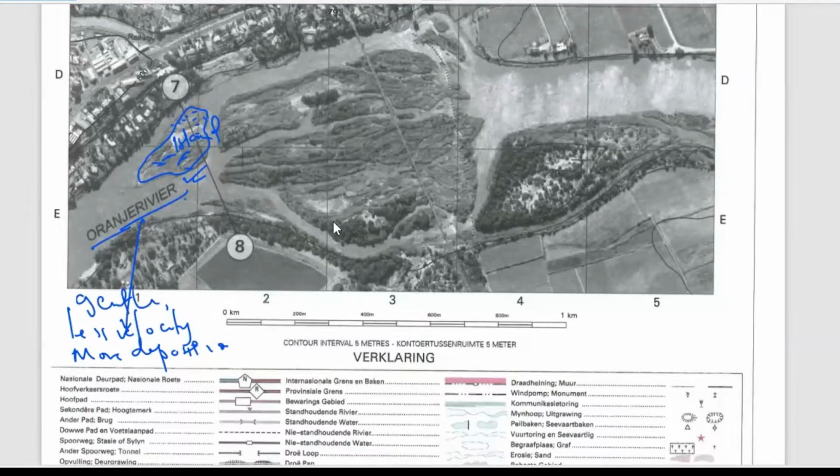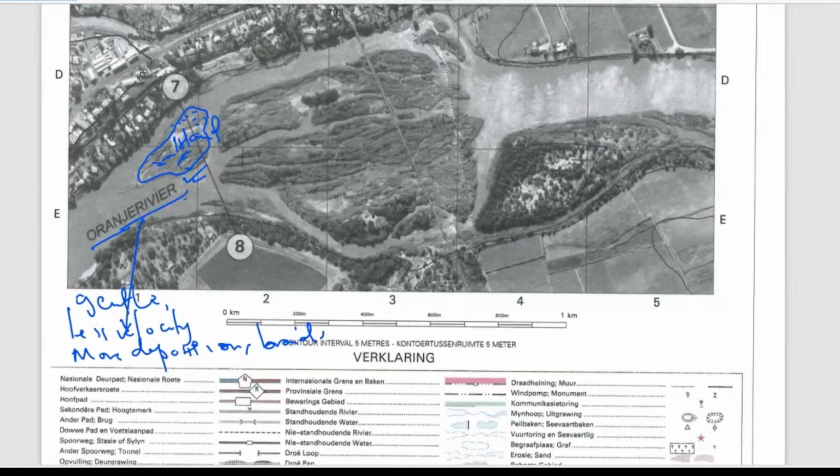The area is gently sloping, giving us less velocity and more deposition. The deposition is what constitutes the development of braids, because the river is now depositing its load within its own channel. As a result, there will be braids developing in the river channel.